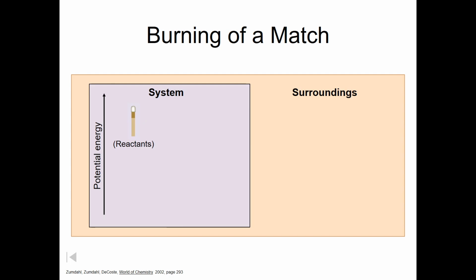So, for example, burning a match: the system in this case will be the match, and the surroundings will be everything else. Initially, it has a ton of potential energy stored in the chemical bonds. If we were to add some energy, such as rubbing it and causing friction, friction adds thermal energy, or heat energy, into the match.